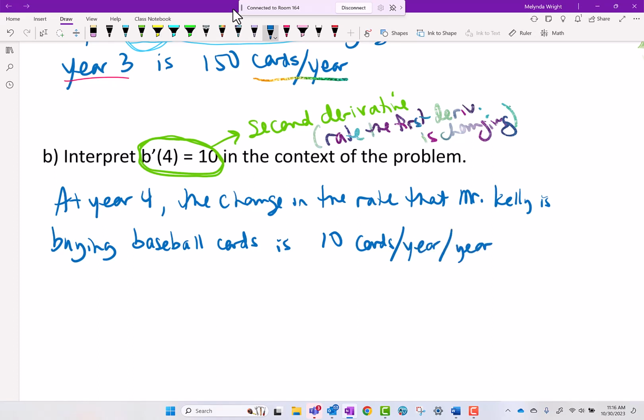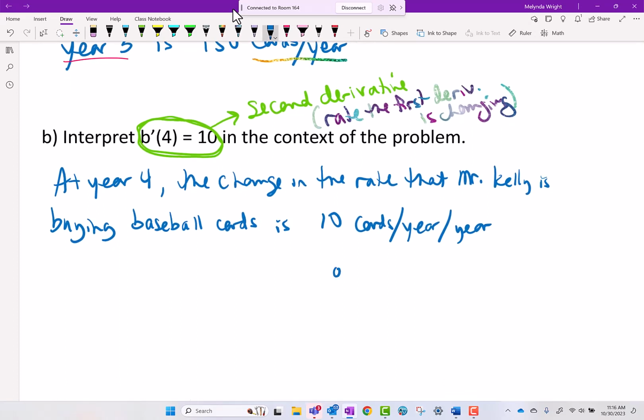This is a second derivative, so you could write the units as 10 cards per year squared. That's also acceptable, which sounds really weird, I know.